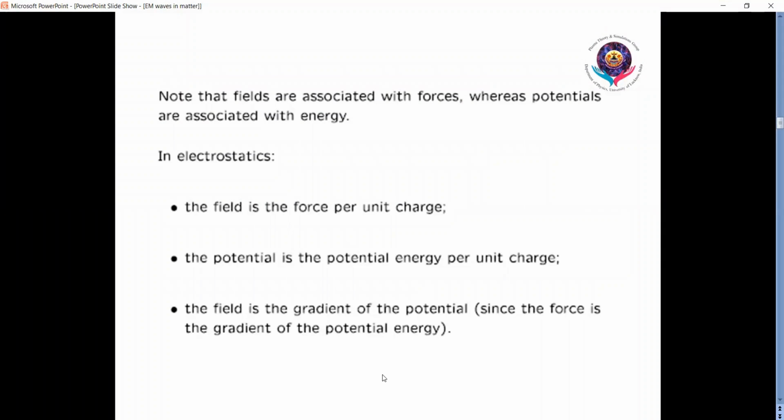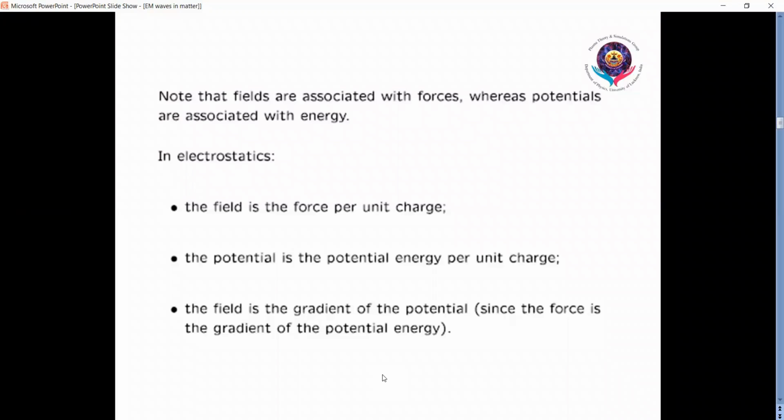And we have seen the relation through expression between the fields and the force. So basically what we conclude is that the field is the force per unit charge, because when we multiplied the field with the second charge, we got the force.